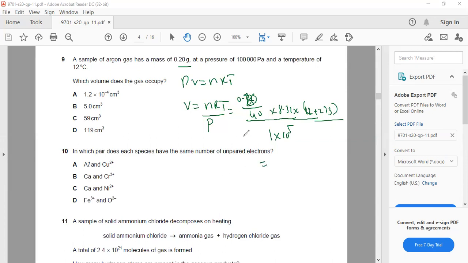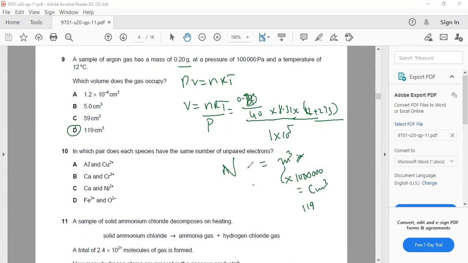So calculator. 9. D is the answer. Your answer will be in meter cube. You have to multiply this answer, V in meter cube, by 10 to the power 6 to convert into cm cube. 119 cm cube.